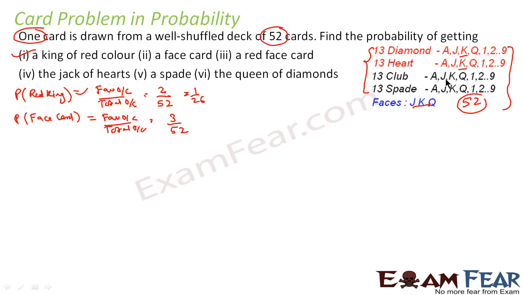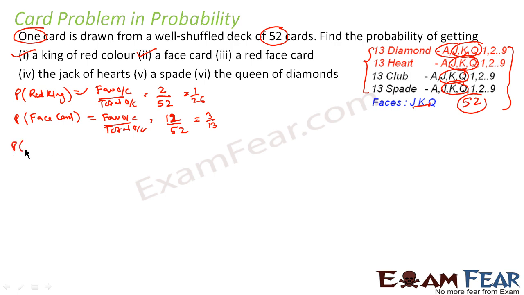Because J, K, Q we have and each of J, K, Q has 4. So we have 3 face cards here, 3 here, 3 here and 3 here. So we have 12 face cards. So we have 12 by 52. That comes out to be 3 by 13. So probability of face card is 3 by 13. Very simple because we have 12 face cards and total number of outcomes is 52.